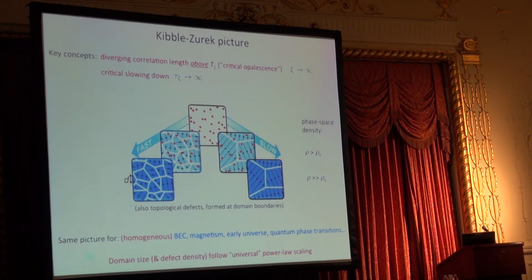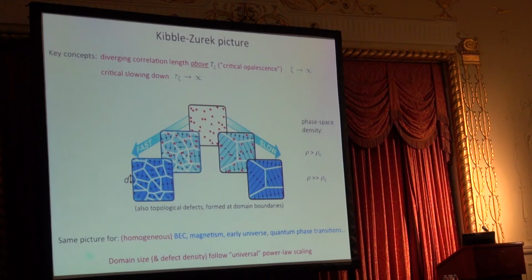So the basic idea of the Kibble-Zurek theory is that whenever you cross a continuous phase transition at a finite rate in a homogeneous system, you end up with independent domains within the system, which display a different choice of the symmetry-breaking order parameter. In our case, this is a different phase of the BEC.